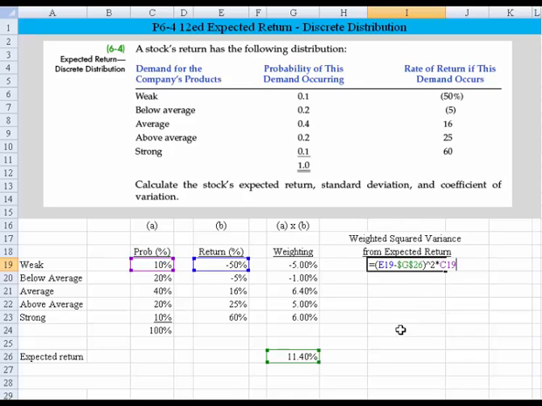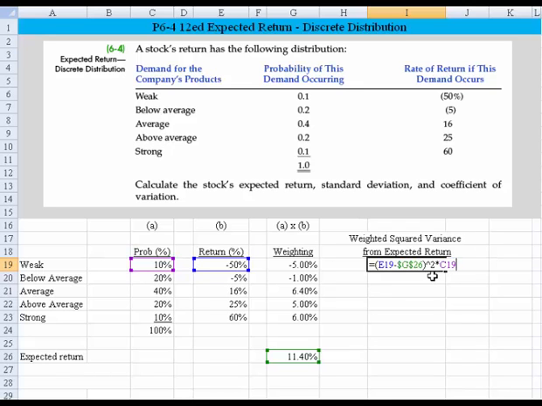Okay, what I'm doing is I'm taking the return in cell E19 minus the expected rate of return that we already calculated. Now you'll see the dollar signs because I'm locking that in, so when I copy it, it will always pull from that cell. Then we take that, we square it, right? That's what the little caret 2 stands for. And then multiply it times C19.